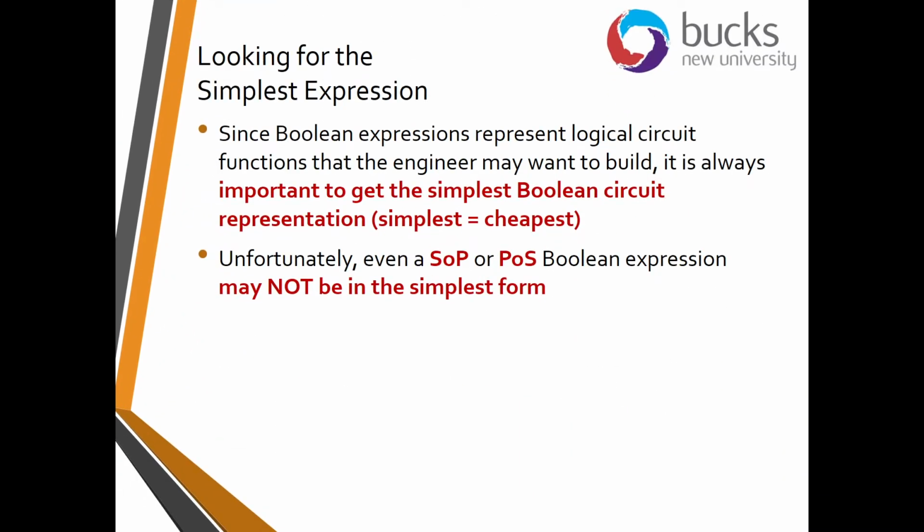So you want to be looking always for the simplest expression. Since Boolean expressions represent logical circuit functions that the engineer may want to build, it is always important to get the simplest Boolean circuit representation you can. The simplest circuit is essentially the cheapest circuit to build. Unfortunately, even an SOP or a POS Boolean expression may not be in the simplest form.